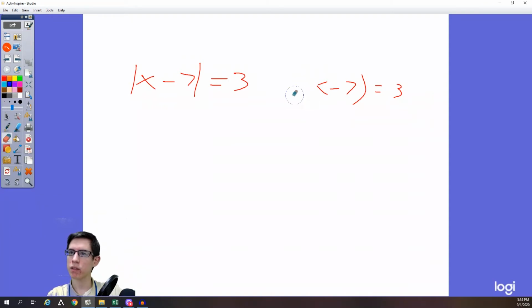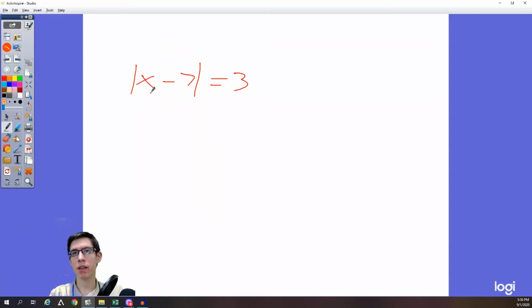Absolute value, there's a specific and precise way that we drop those lines, those bars, okay? And it's by thinking out loud or on paper or however you process this about the two values that could potentially create the number on the right if they were to be in the place of this x minus 7.